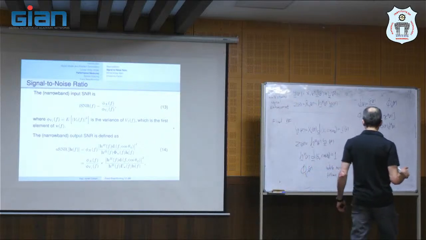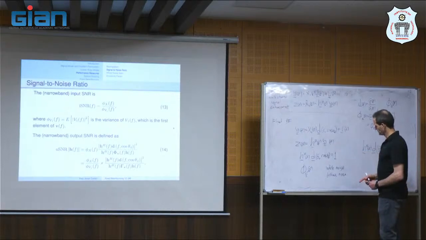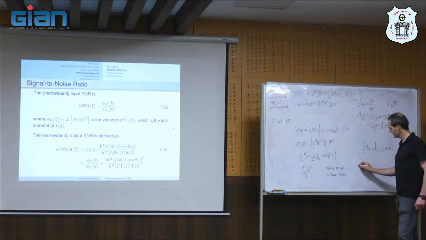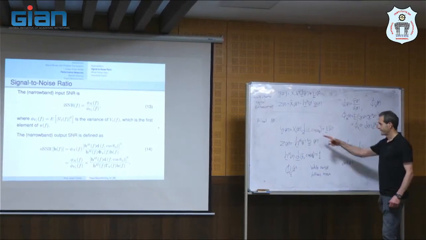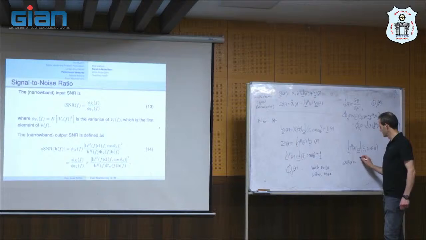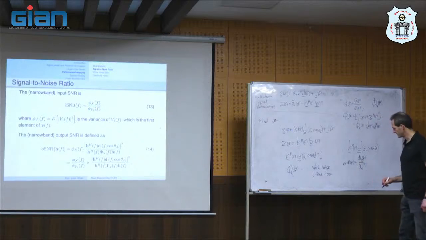If we take this model, we see that the narrowband input SNR is simply phi x1 divided by phi v1. This is the input SNR.